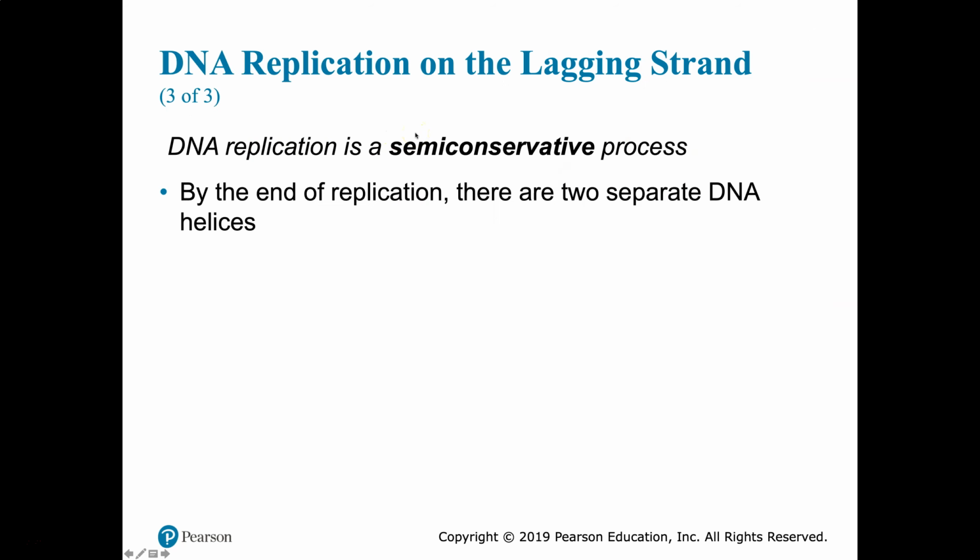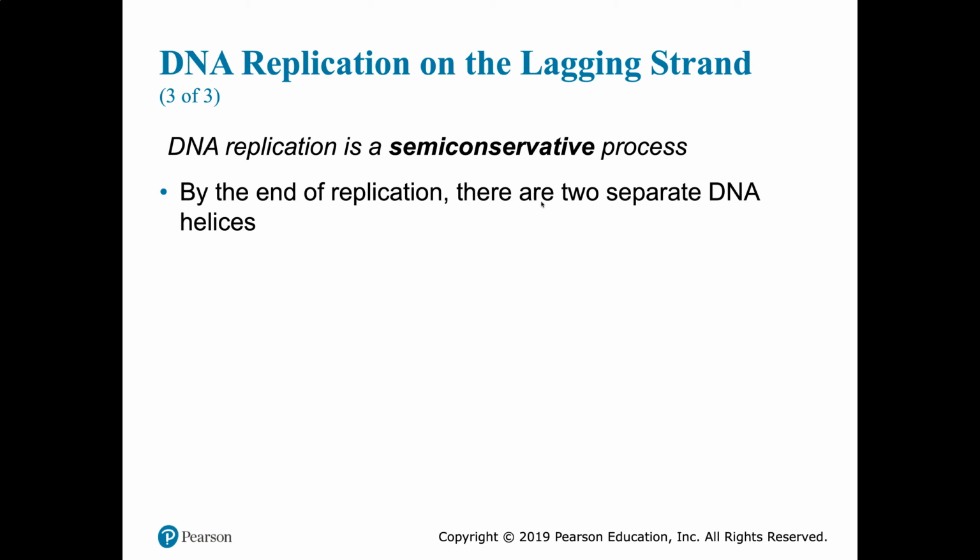Replication is a semi-conservative process, and by the end, there are two separate chromosomes. In bacteria, two separate circular chromosomes.